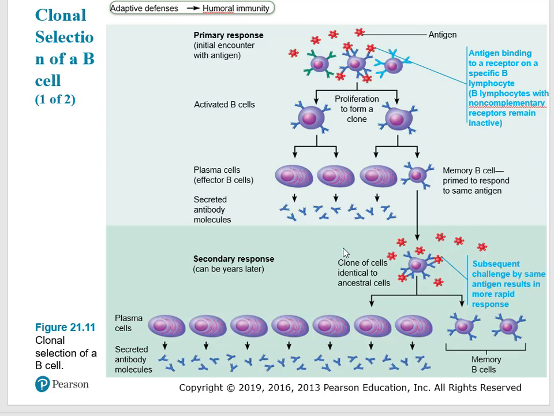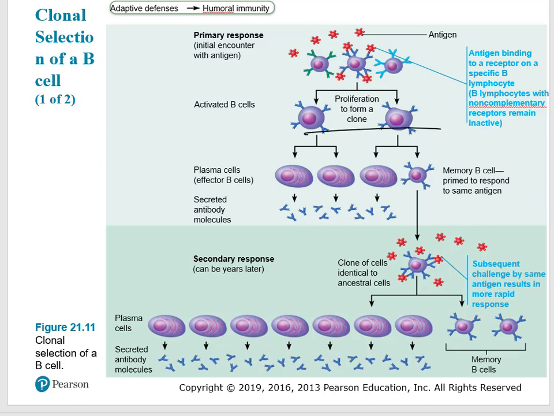Primary response is you have the antigen in our body, and among the B cells, there are different combinations, and it's kind of rambling around finding a perfect fit for that antigenic determinant. Once it finds the perfect antibody for that antigenic determinant, it starts activating the B cells for proliferation, for the cloning process. So that's what you're looking at over here.